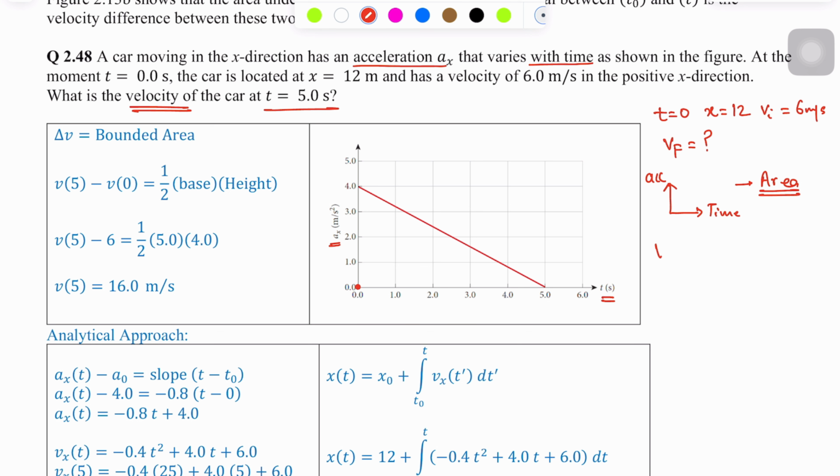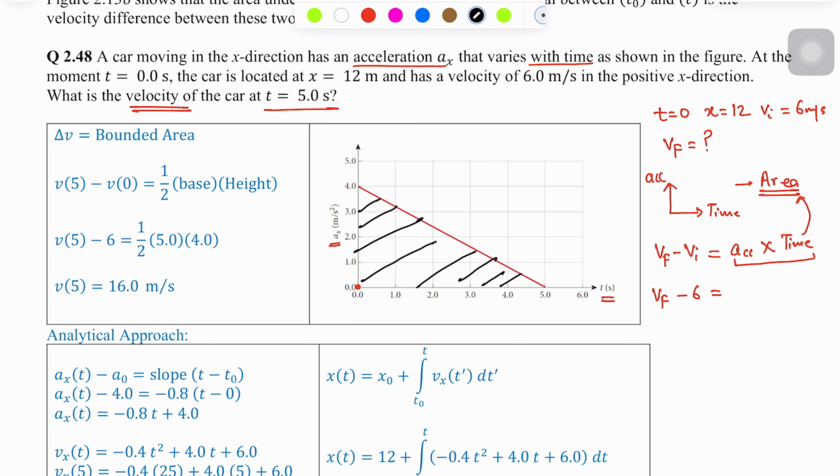Can I say Vf minus Vi is equal to acceleration multiplied by time? Clear? V final we are looking for. V initial is 6. And this acceleration multiplied by time is your area. Which area are we looking for? This area, the area under the graph.